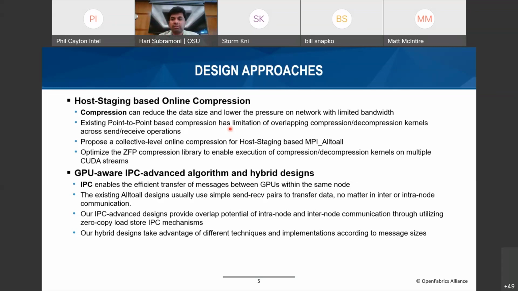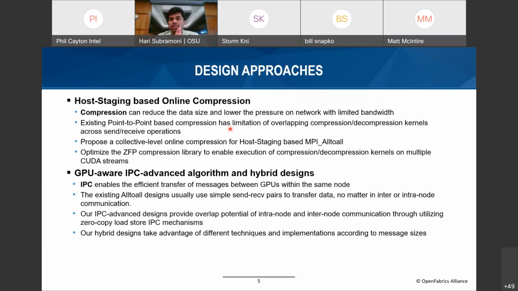So how can we take advantage of this to offset the lack of internode communication capabilities? One thing that we want to explore is, can we use the enormous compute capabilities of the GPU to perform compression on the fly, unbeknown to the application, inside the communication middleware in a very transparent fashion with zero changes, so that we can transparently optimize the communication.